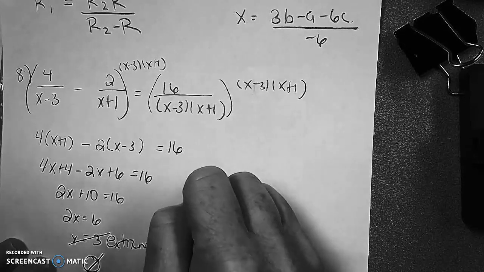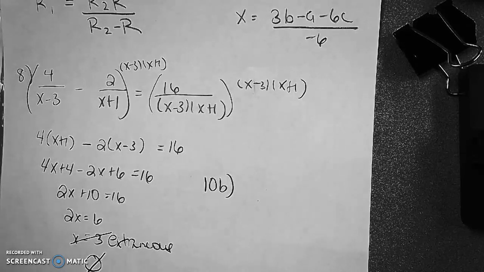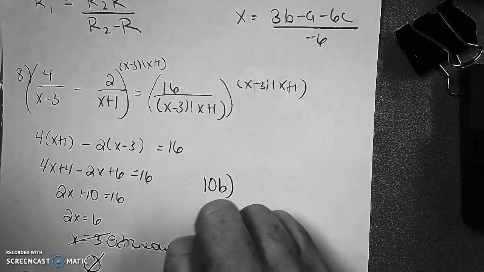And several of you asked about 10b, and yeah, I think that there was a typo in there, and whether that was on the answer key or whether that was on the back, I think a lot of you noticed. It's talking about bones for an adult male. And so we have this equation.